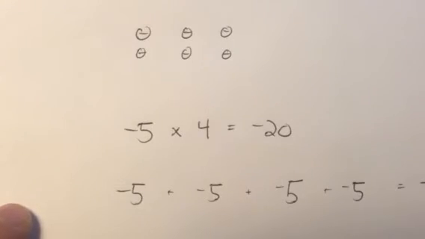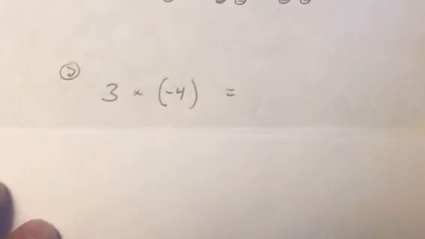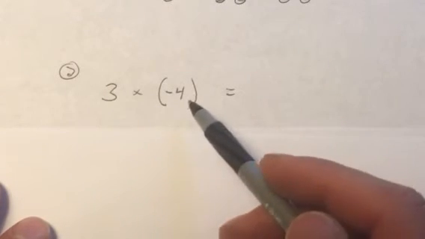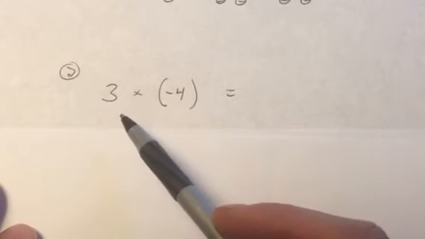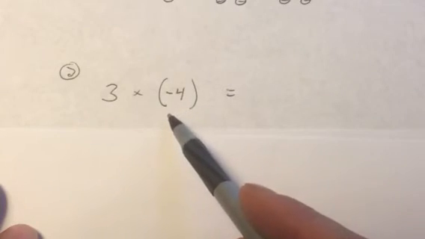Okay. Now, going back here for a second, what happens there with -3 times -4? I guess you would have to read that using what I just said. It would be 3 -4 times.